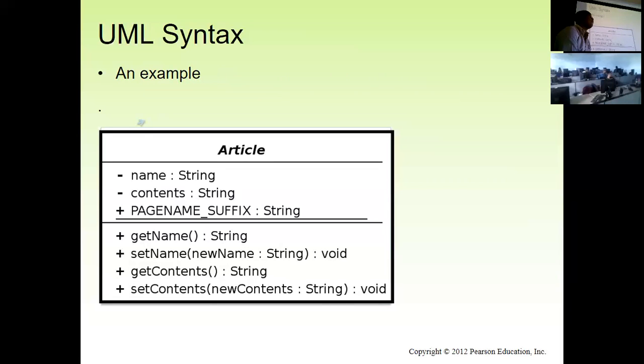Now, if you think about it, just for a moment, if I, for example, give you this diagram and say go and implement this, I can almost build another part of the application that uses things from article without seeing the details of how you implement this.